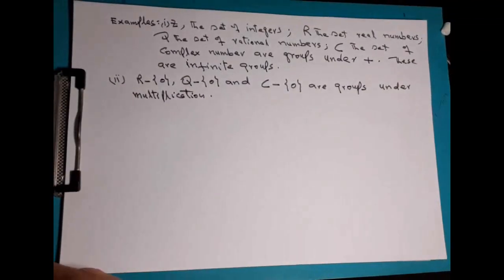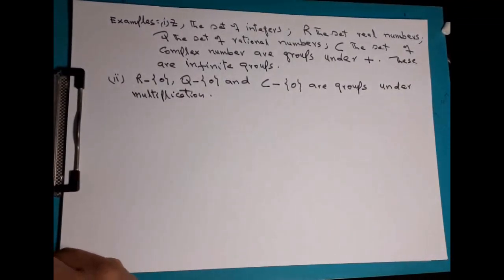In fact, we need to remove 0 because the multiplicative inverse of 0 does not exist.